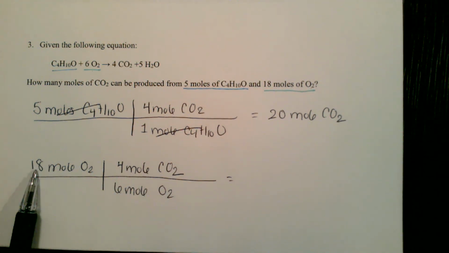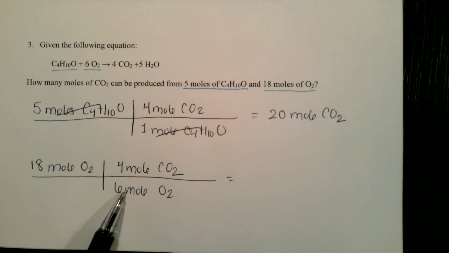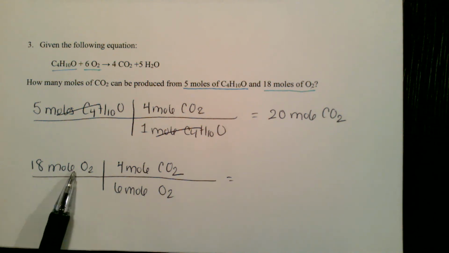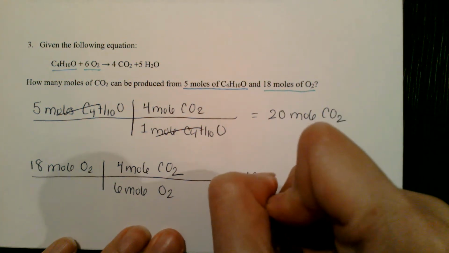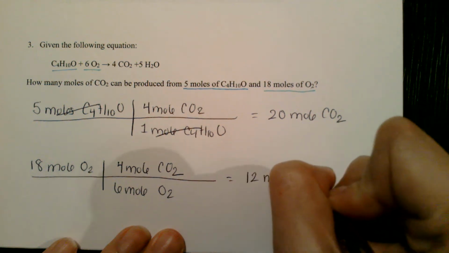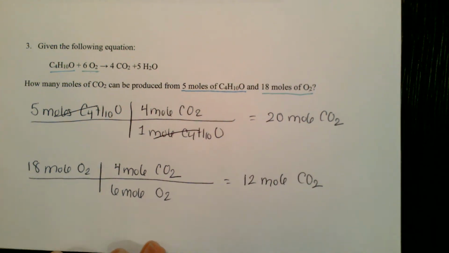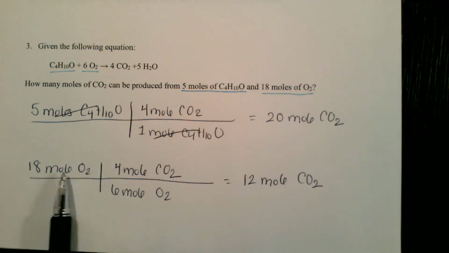We have 18 divided by 6, which gives us 3. 3 times 4 gives us 12 moles of CO2.